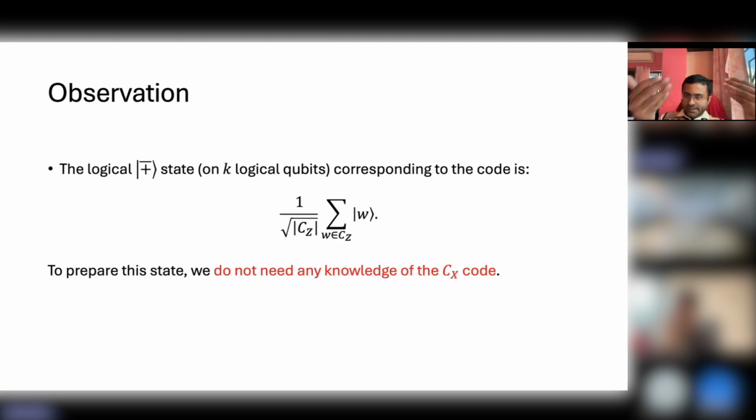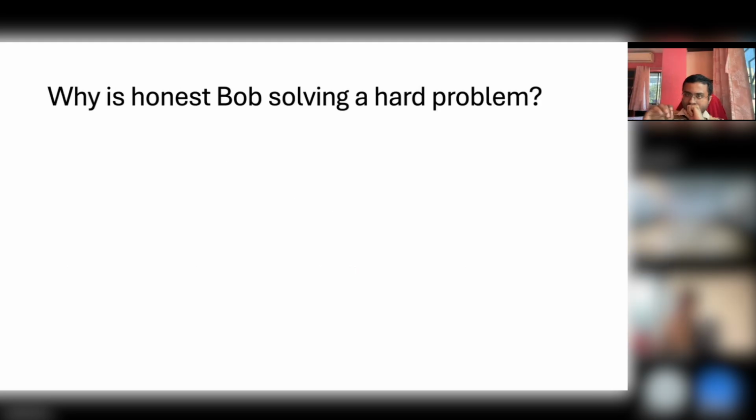And so to prepare this state, we do not need any knowledge of the CX code. The CZ code suffices. And that's exactly why even when Bob doesn't know the CX code, Bob can still prepare the logical plus state of this code, and then measure and sample from that.